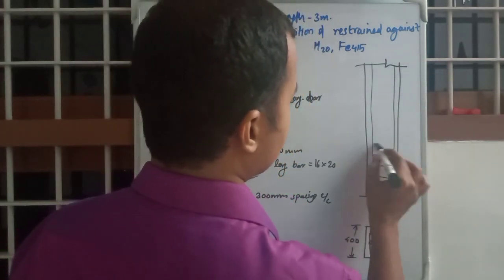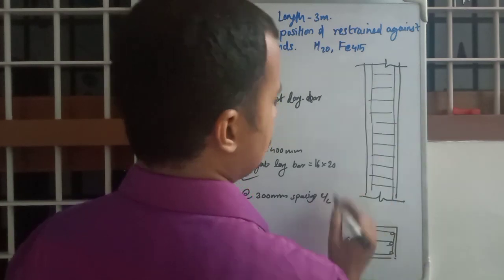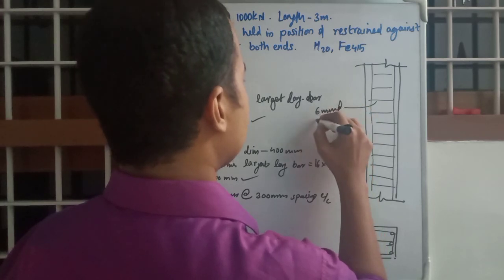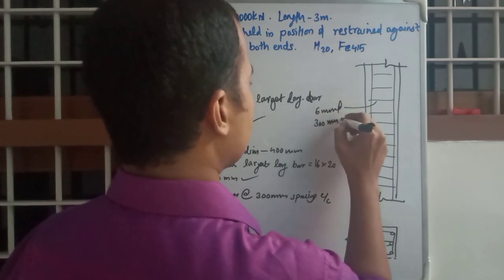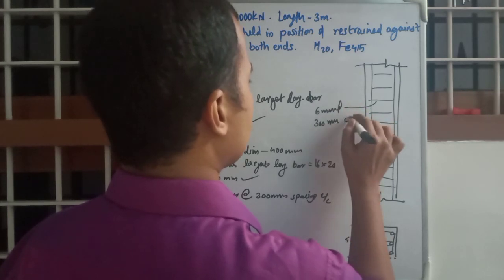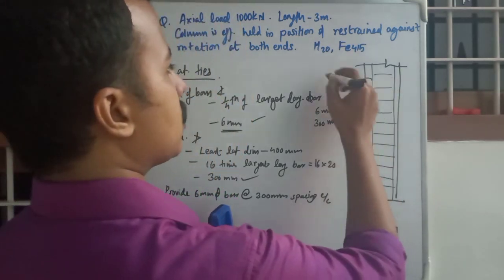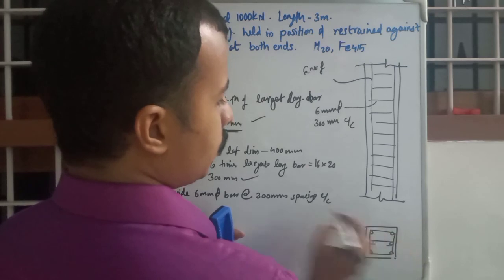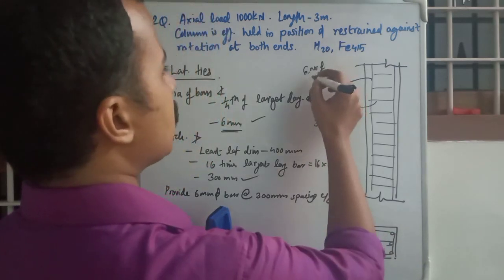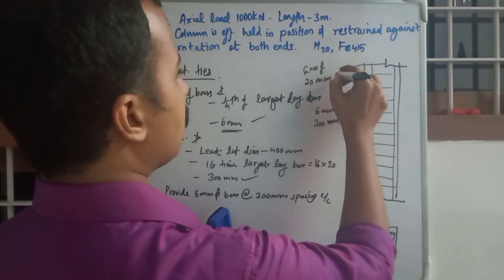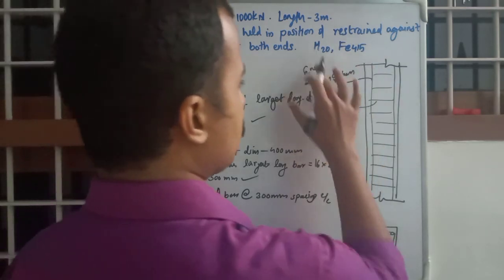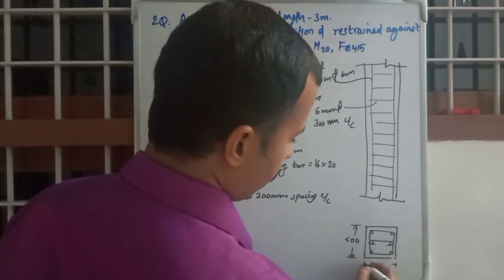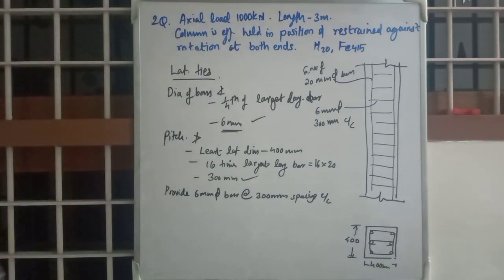In the tidier one, this is 6 mm dia, 300 mm center to center spacing. This is 6 numbers of, there will be 2 more to be added, 6 numbers of 20 mm dia bars. These two details should be written here also. And 400 mm. That's it.